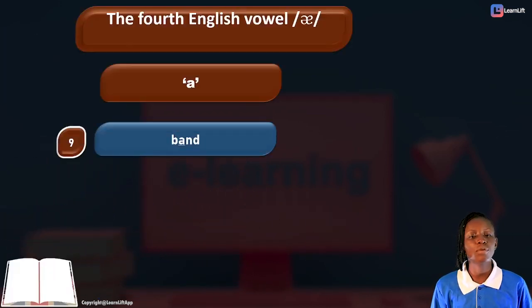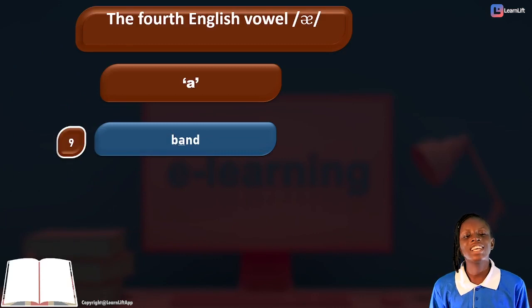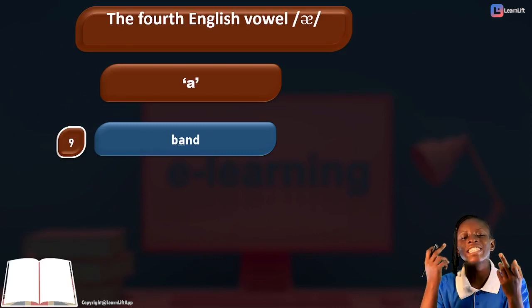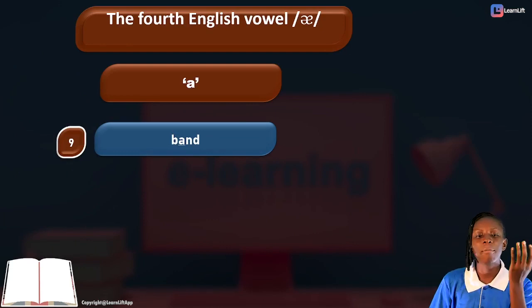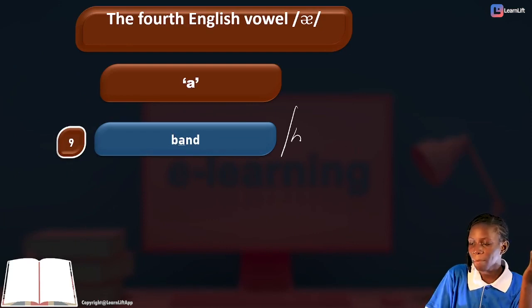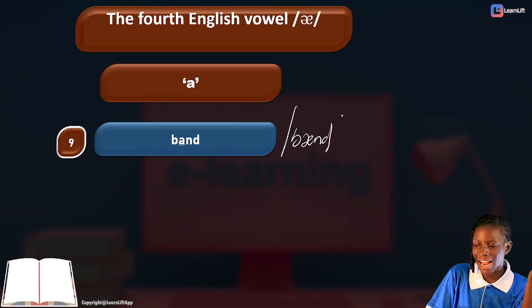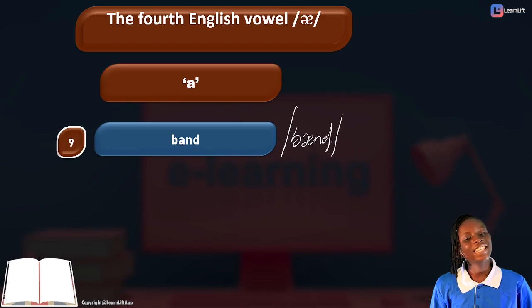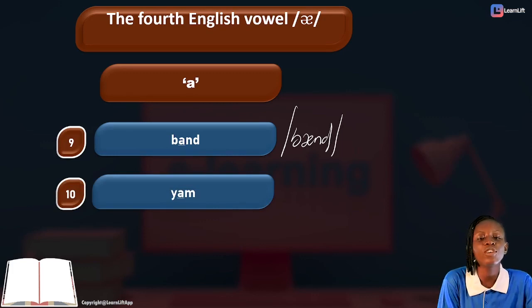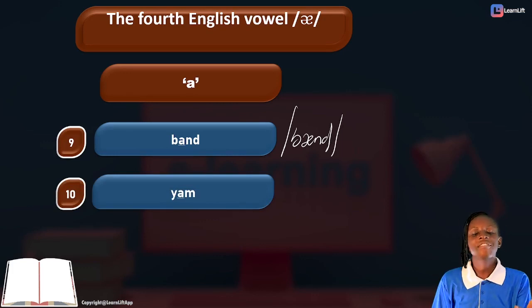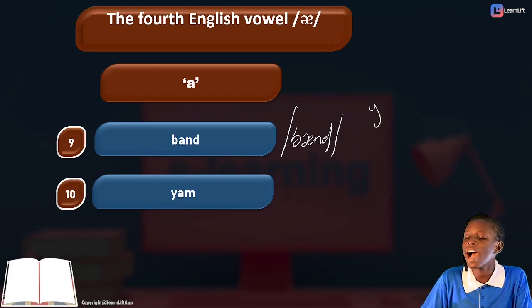Next example quickly, we have band. Now let's transcribe band using the idea we have from our sound. Now band is transcribed as this. Band. Okay, next example quickly we have yam. Now, if you have been following my previous classes, I have said there is no Y in the 24 consonants.